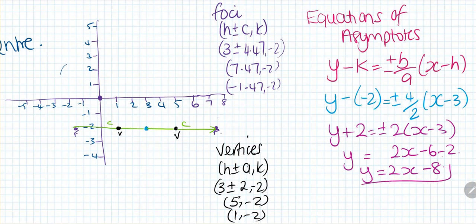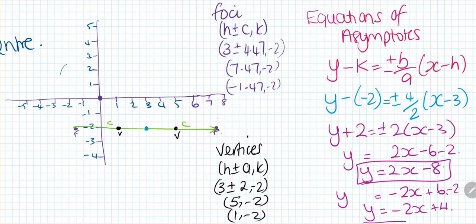For the second, y plus 2 is minus 2x plus 6, and if we minus the 2, this is going to be y equals minus 2x plus 4. So here are our equations. The gradient is 2 divided by 1, so every 2 on the y, 1 on the x.